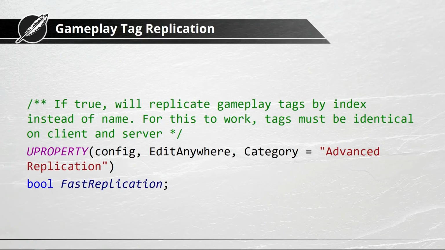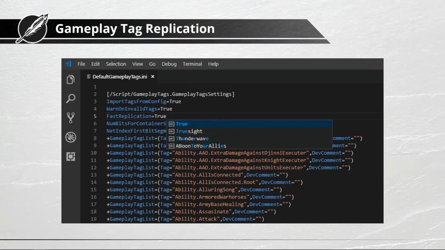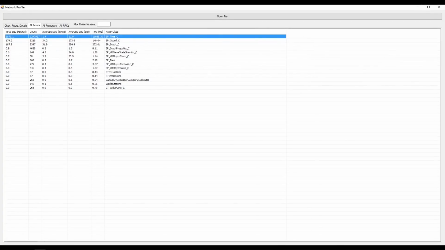And so in this particular case, we can rely on the same version of the INI file on both sides. And this means that we can just replicate gameplay tags by index instead. This is done by editing the respective INI file, as we did here. Taking another capture essentially yields that our tree consumption went down from like 1,600 kilobytes to 500, which is a huge gain already.